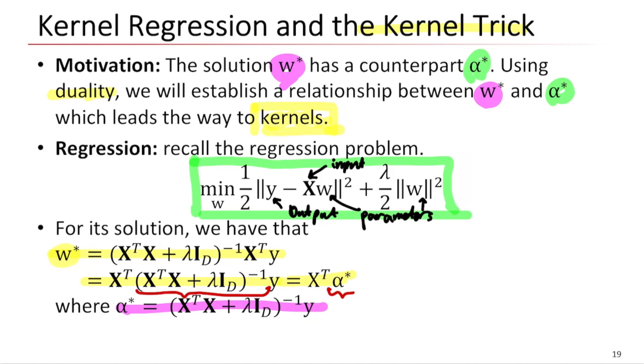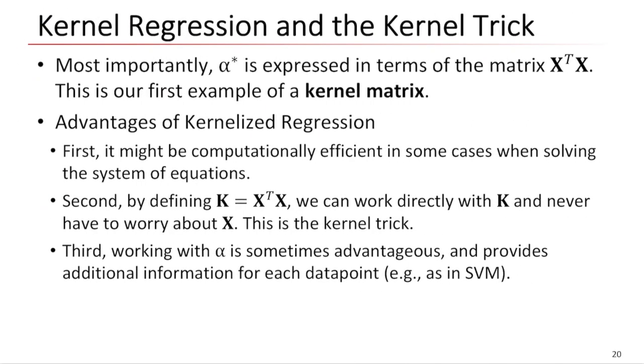So let's see here. In the solution of alpha star, there is some kind of matrix multiplication. In other words, this alpha star is expressed in terms of the matrix X transpose times X. This is called the kernel matrix.